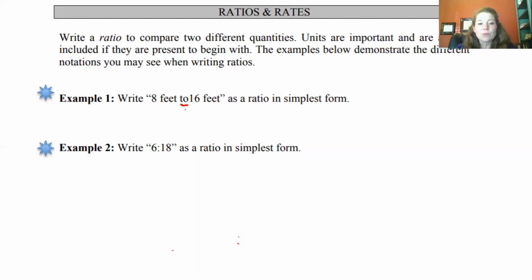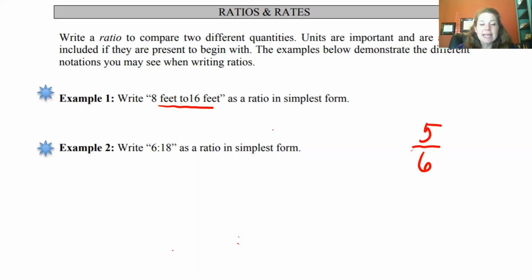Even though you don't see the word to, you would still say it when you know it's a ratio. And finally, if you say something like, for every 5 guys in this class, there are 6 girls, the ratio would be 5 to 6. You could also write a ratio that looks like a fraction, and you would say it the same way you would say example 1.